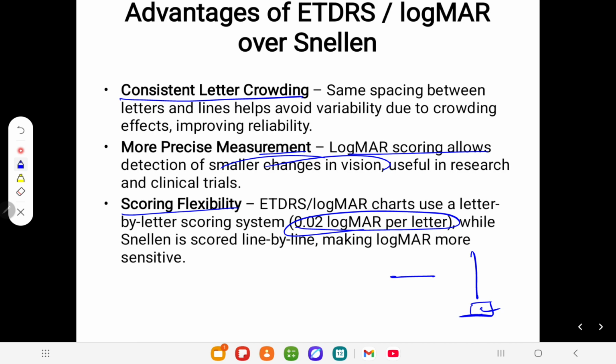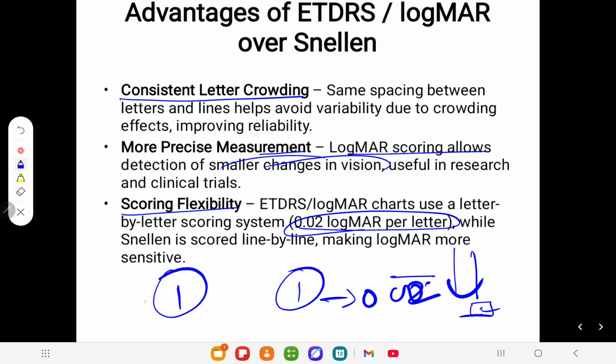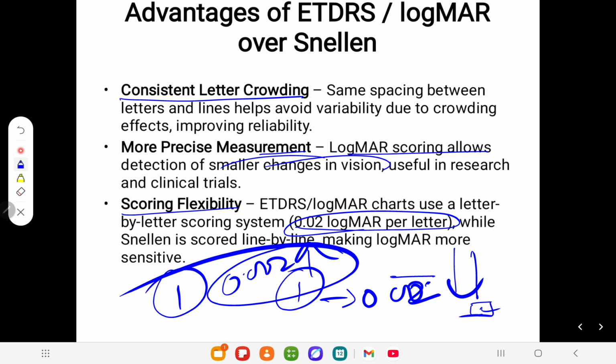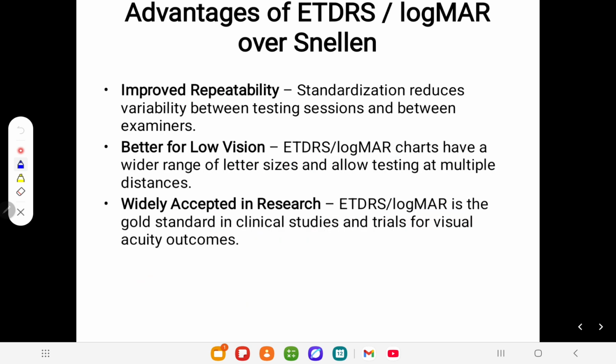So we don't have to worry about anything, because one letter read means it counts. One letter means 0.02 reduction. One letter read, 0.02 decrease in the LogMAR value, isn't it? Improved repeatability is always there. The variability between testing is low, so its repeatability is very high.